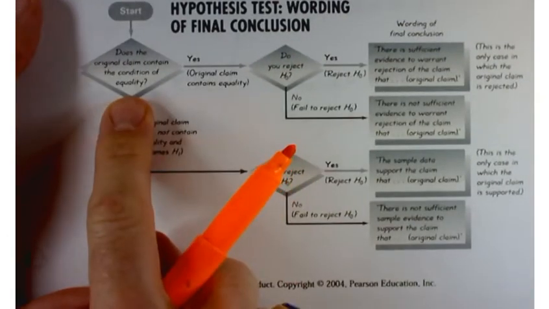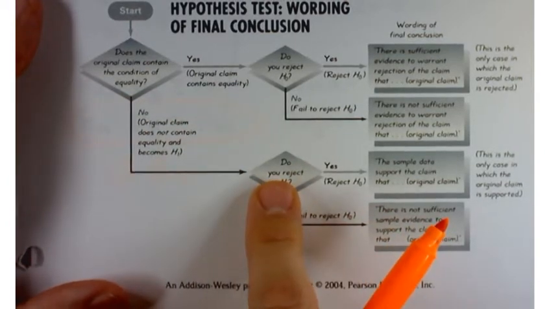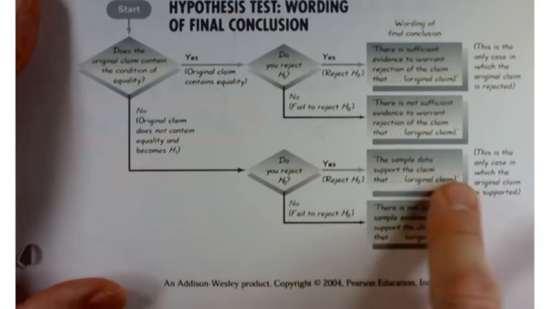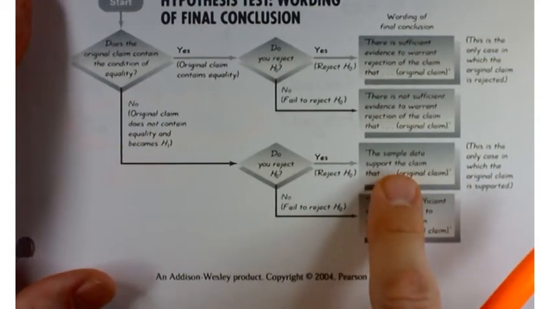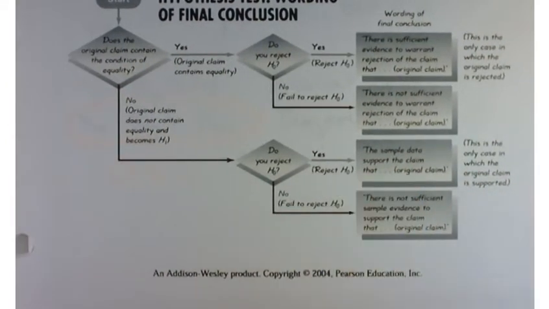The original claim does not contain the possibility of equality, and we rejected H naught. So sample data support the claim that the proportion of those getting malaria with bed nets is less than the proportion of those getting malaria without bed nets, or basically that bed nets are effective.